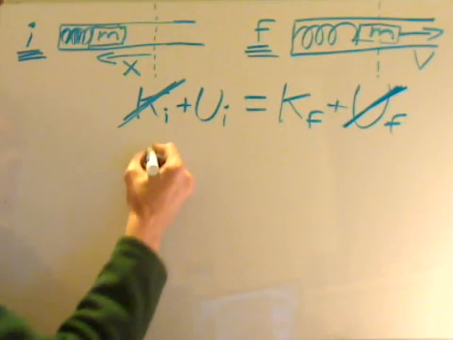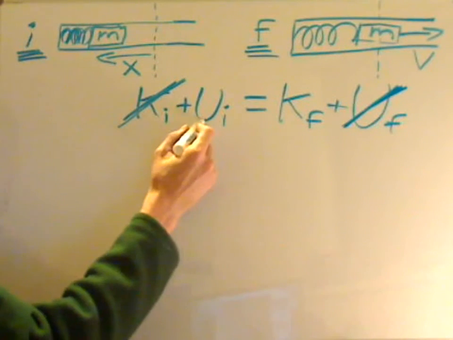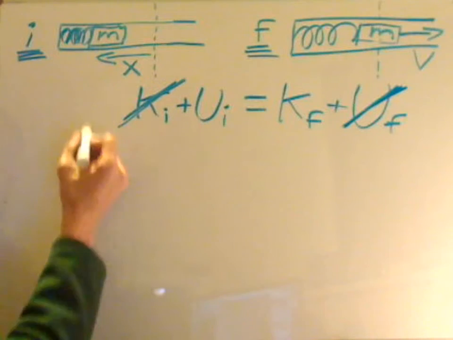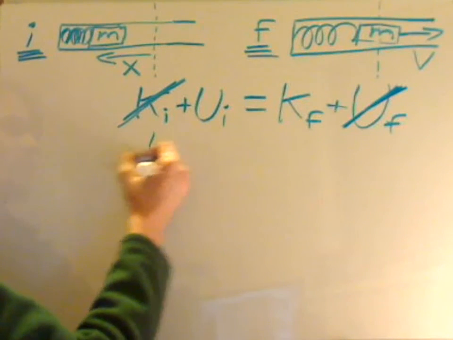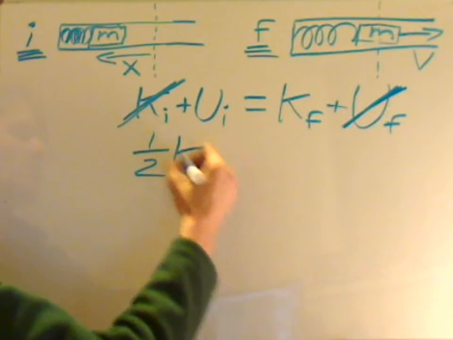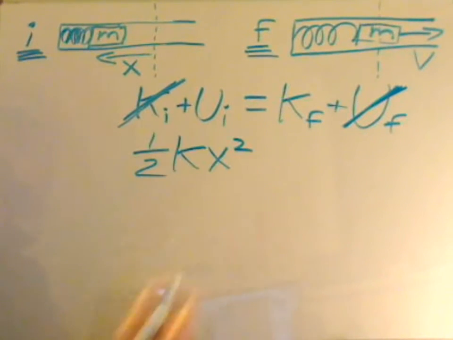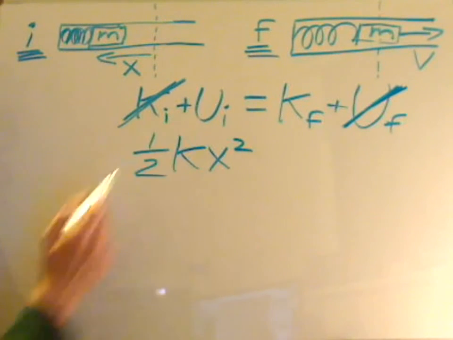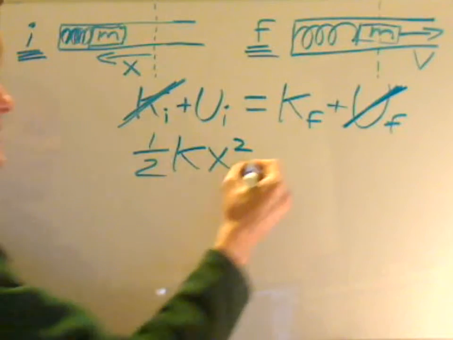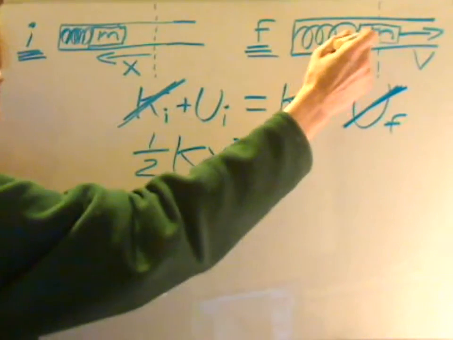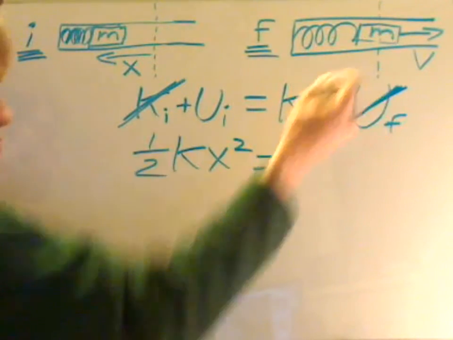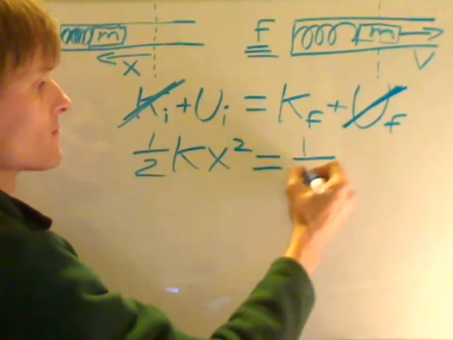The potential energy of the spring, remember, that's our initial potential energy, compressed to a distance x. The potential energy is 1/2 kx squared. That's our initial potential energy. Final kinetic energy, the plunger is now in motion at a speed v, so it's 1/2 mv squared.